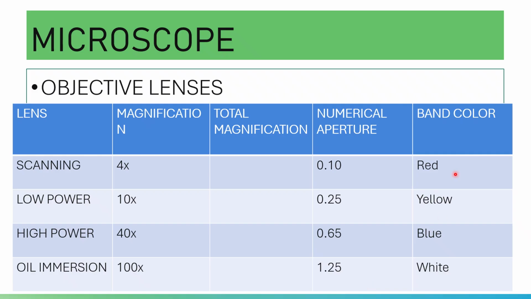As for the band colors, this is conventional and common among microscopes. The scanning band color is red, the low power ring color is yellow, the high power band color is blue, and the oil immersion has a white color.